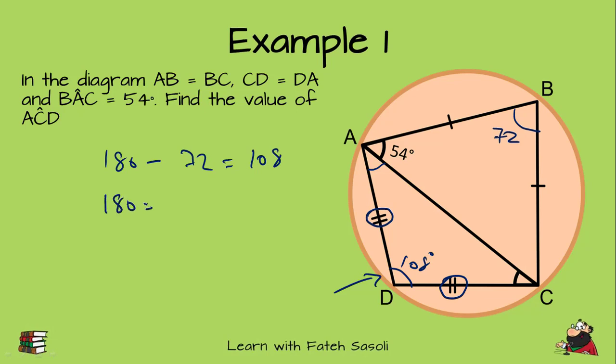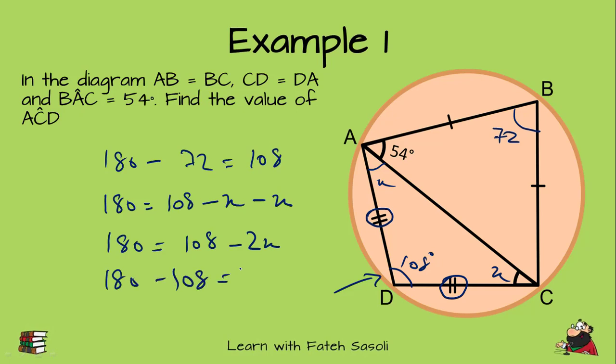So 180 is equal to 108, let's name this as X, and this too is X, plus X plus X. 180 is equal to 108 plus 2X, which is 180 minus 108 is equal to 2X, which would mean 72 is equal to 2X, or X is equal to 36, meaning the angle C here is 36 degrees.